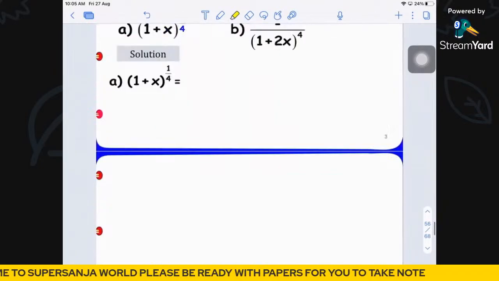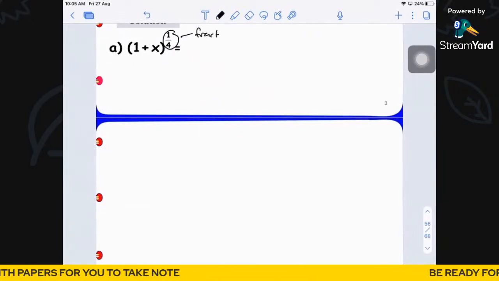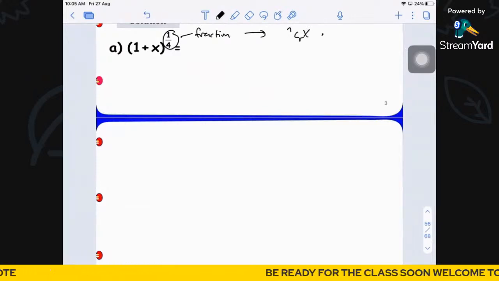So let's see one example over here. We have 1 plus x power of 1 over 4. So we know that this is a fraction, so we cannot use NCR. NCR not allowed to be used already.